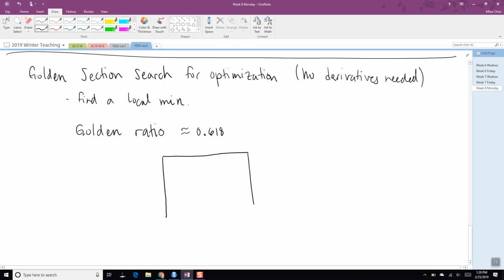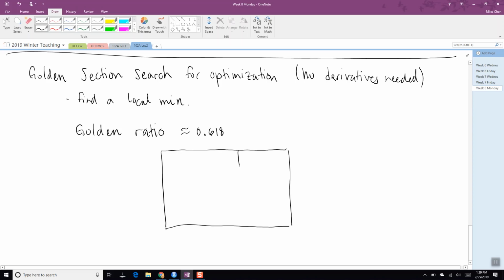It is, imagine we have, it's supposed to be a square. All right, so I'm going to draw a rectangle. Okay, so here is a rectangle.